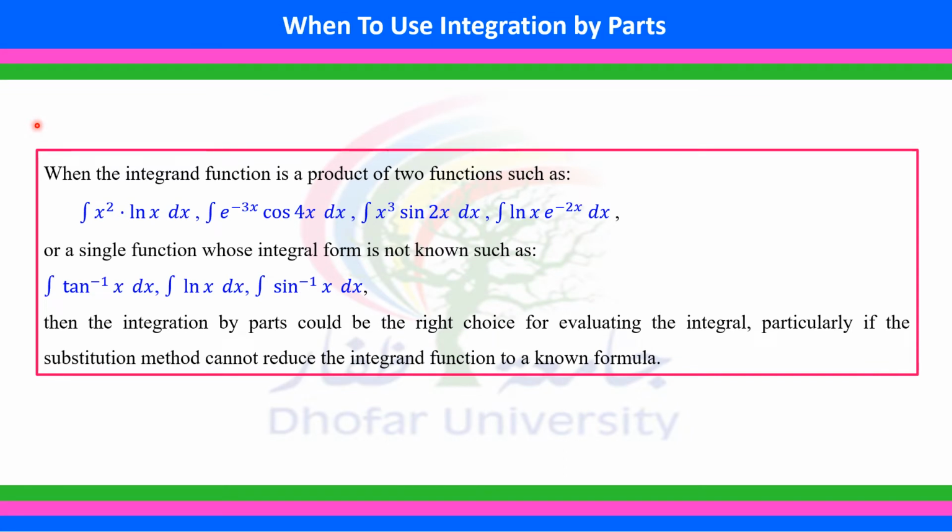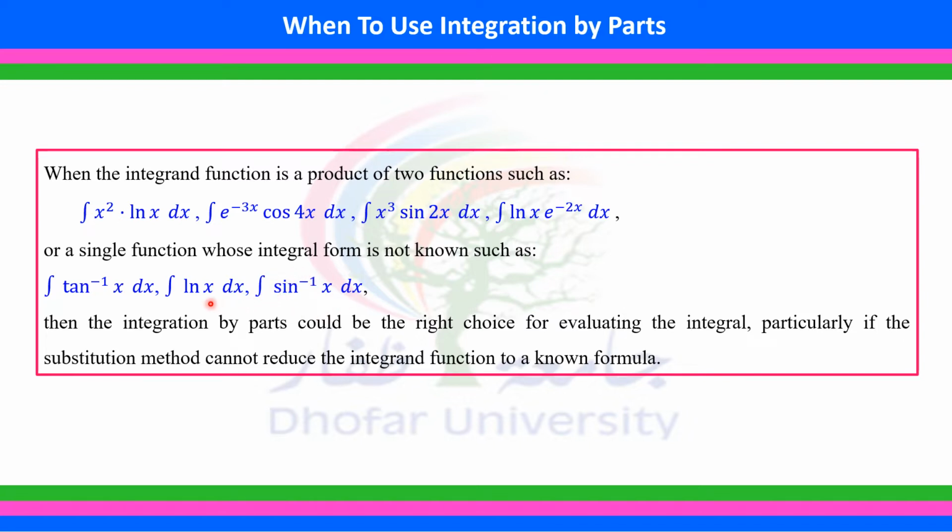The method of integration by parts works when the integrand function is a product of two functions, such as the integral of x squared ln x, or the integral of exponential minus 3x cosine 4x, etc. Or maybe a single function such as tan inverse x, ln x, and sine inverse x.